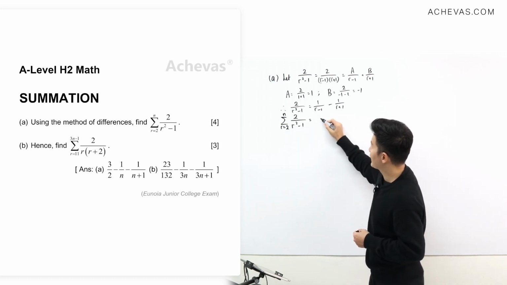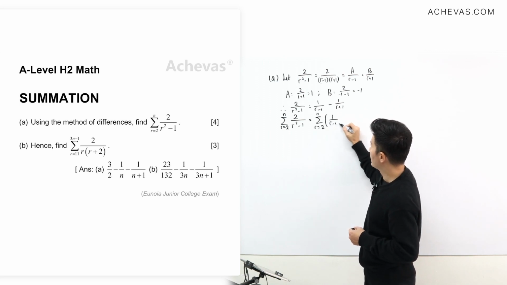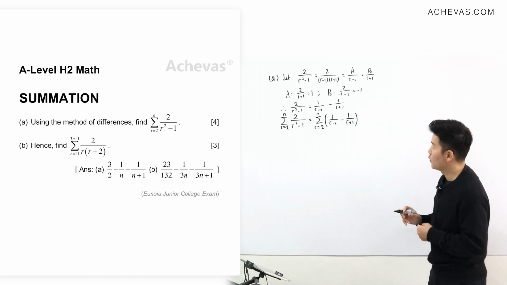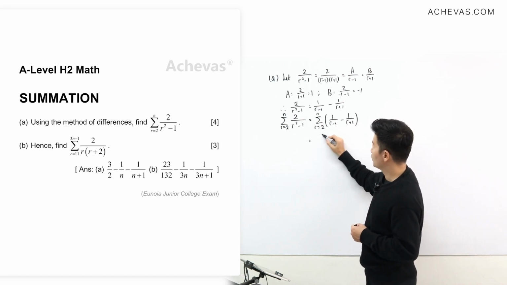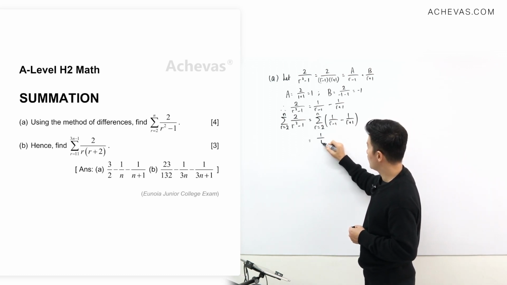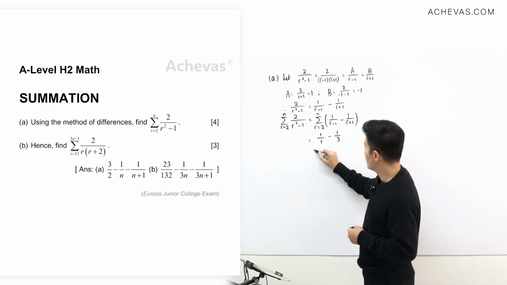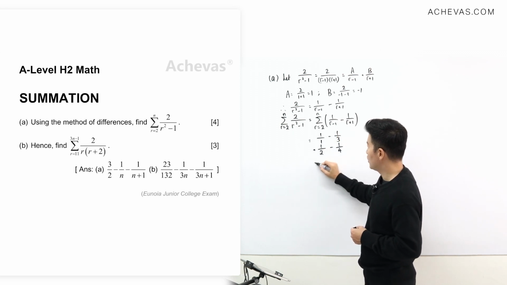This can be re-expressed as the summation from r equals 2 until n of 1 over r minus 1 minus 1 over r plus 1. So let's expand this. When r is equal to 2, we have 1 over 1 minus 1 over 3. When r is equal to 3, we have 1 over 3 minus 1 is 2, minus 1 over 3 plus 1, this is 4.